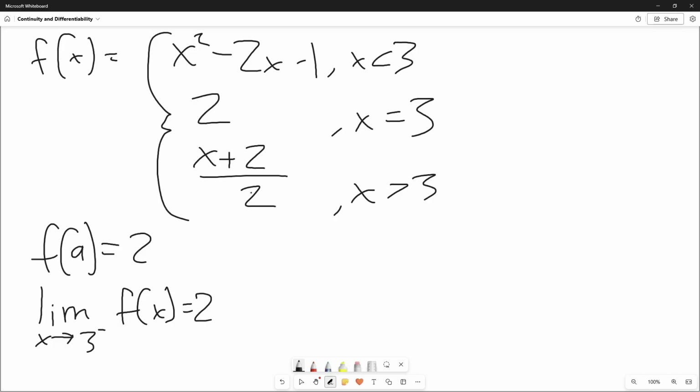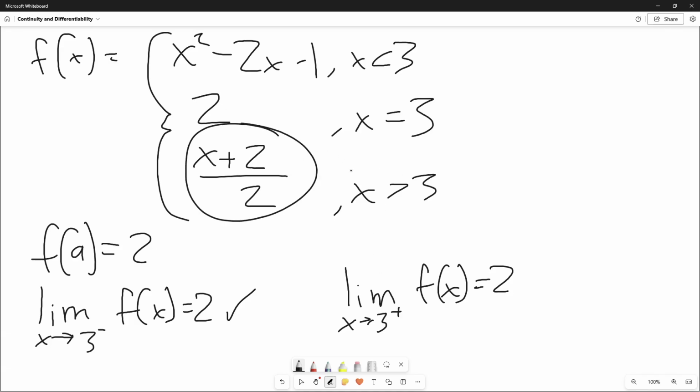So x squared minus 2x minus 1 at x equals 3 is 9 minus 6 minus 1, which is 2. So yes, it does equal 2. But also, the limit as x approaches 3 from the right side of f of x has to equal 2 as well. And for this one, we're going to be using this function because when x is greater than 3, that's the limit from the right side.